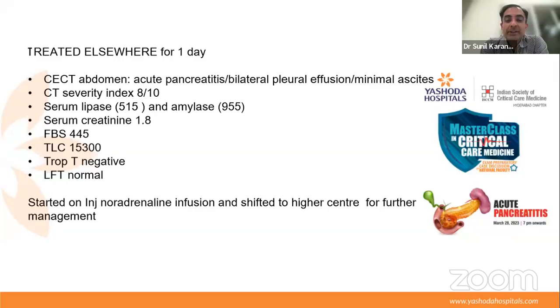Also, if the patient is not improving despite our efforts. Otherwise, when is the most ideal time to do a CT in the natural history? 72 to 96 hours, post day 3 to day 4.